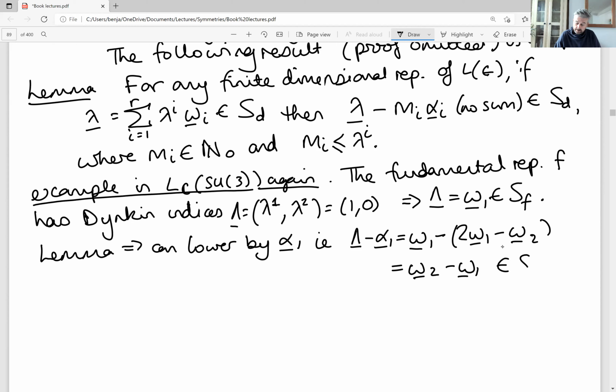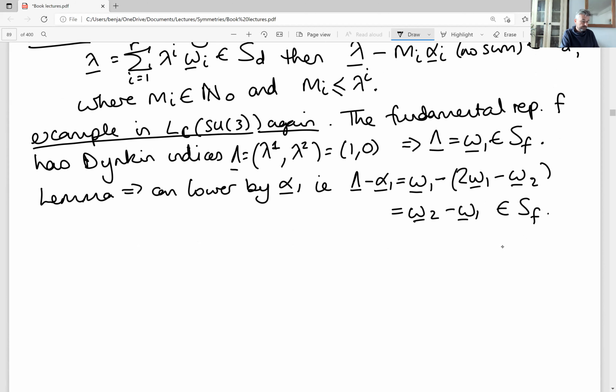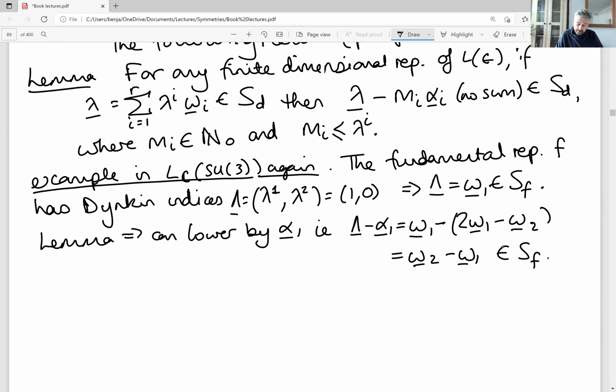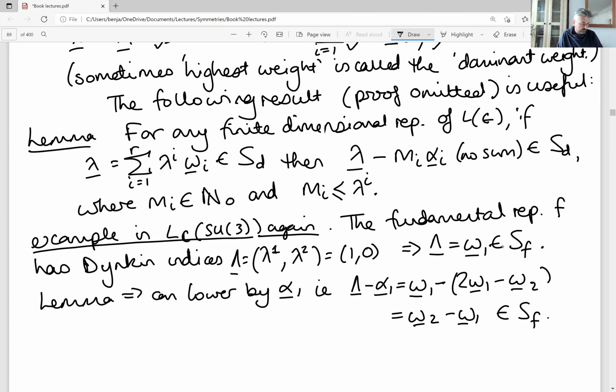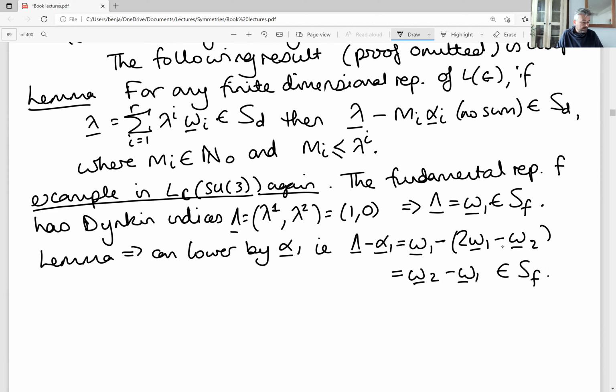So again, this is in the weight space of the fundamental rep, and I'll use our lemma again. We have a positive coefficient for w2, so we can lower this with alpha 2.